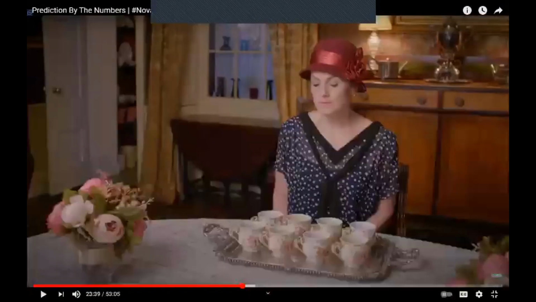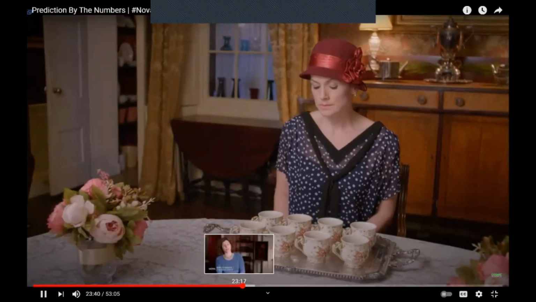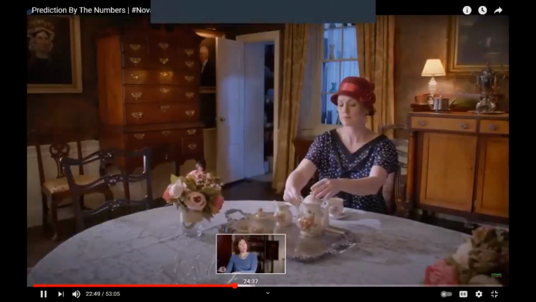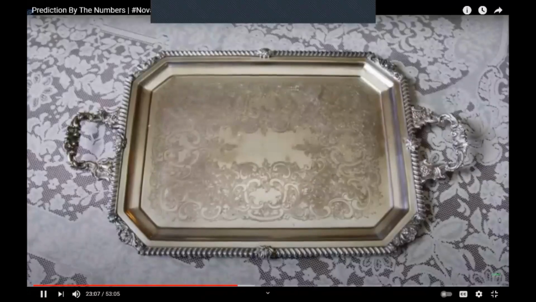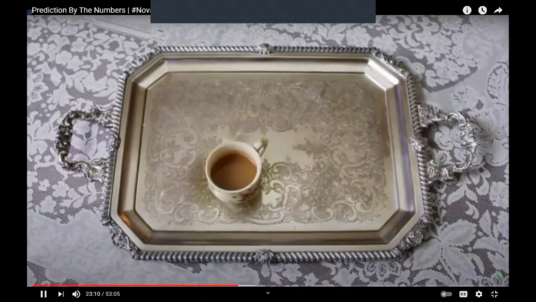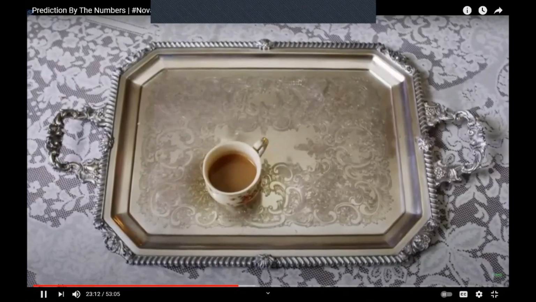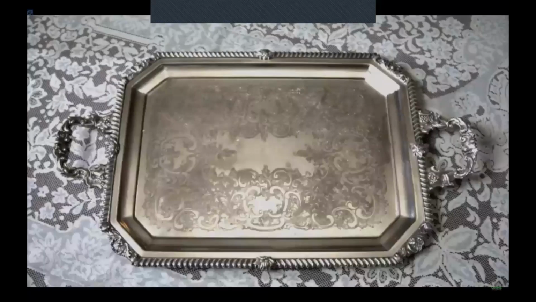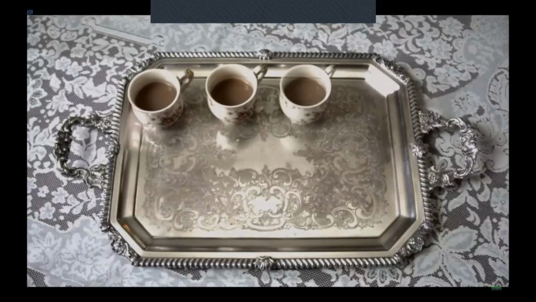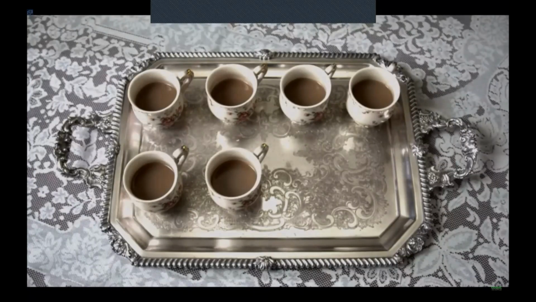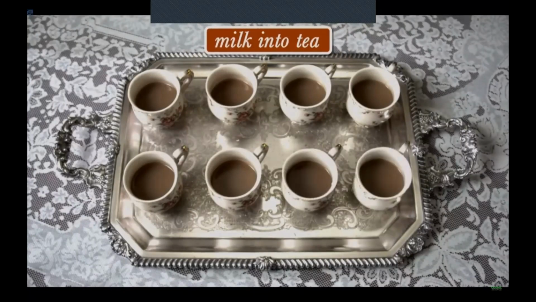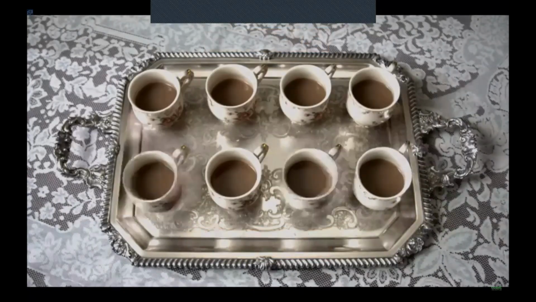Fisher considered ways to test that. What if he presented her with just one cup to identify? If she got it right one time, you'd probably, well, yeah, but she had a 50-50 chance just by guessing of getting it right. So you'd be pretty unconvinced that she has this skill. Fisher proposed that a reasonable test of her ability would be 8 cups, 4 with milk into tea, 4 with tea into milk, each presented randomly.